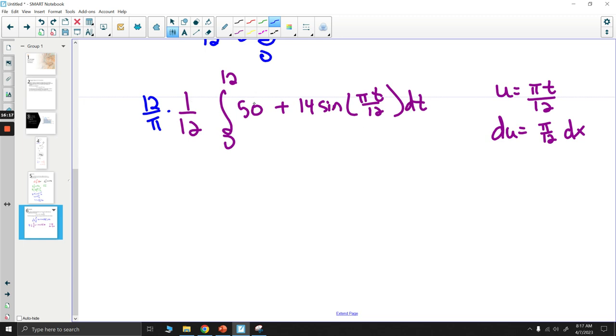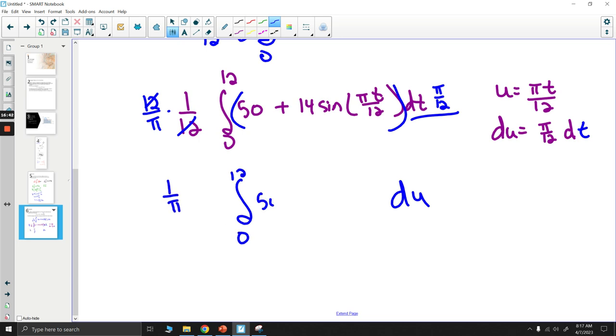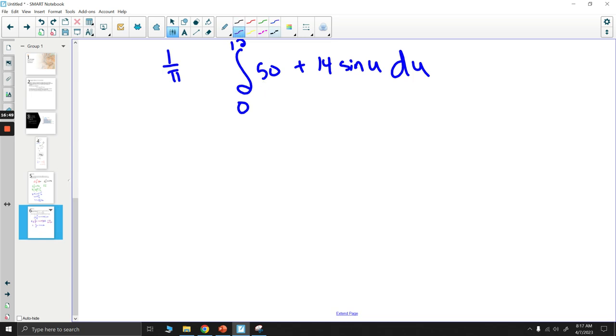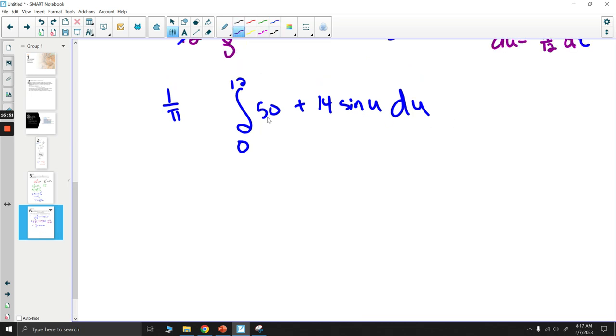So functionally, we're just putting in a pi over 12 into this so that we have a dt here. So dt times pi over 12, that will become our du. And we're taking now the integral, the 12's cancel, and we get 1 over pi from 0 to 12 of 50 plus 14 sine of u, something like that we're integrating. So now, because we've changed the bounds of integration to u, this will be a 50u.